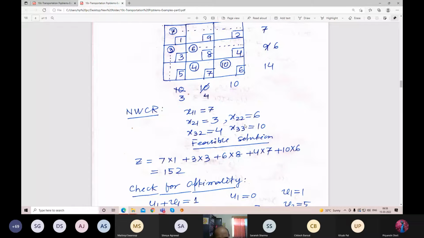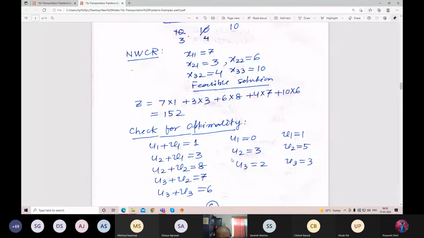Unless you check, we cannot conclude that it is optimal. So we'll check for optimality. Presently the value of Z, not the minimum, is becoming 152 units. Now, how do you find the dual variables?